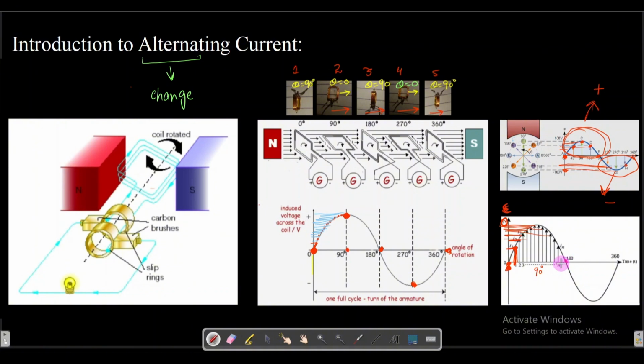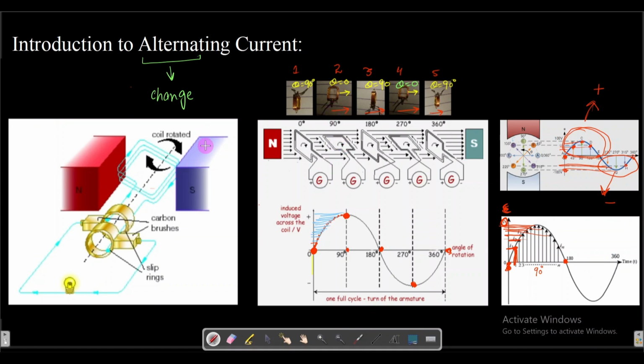And if we reach 180 degrees, the EMF, alternating current and alternating voltage become 0 at 180 degrees, and above that 180 degrees the same process occurs but in the opposite direction. Therefore we consider this side as negative and this side as positive.